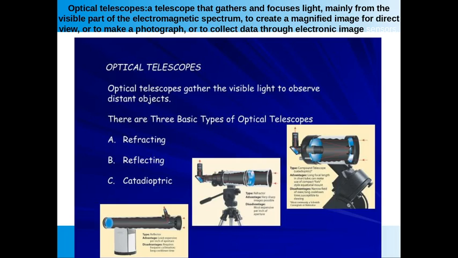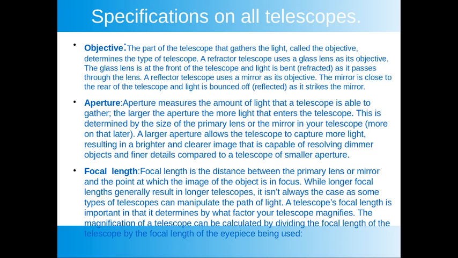In refracting telescopes, lenses are used. In reflecting telescopes, mirrors are used. Catadioptric telescopes are compound telescopes in which both mirrors and lenses are used. This is a little more complicated one. We can discuss more about refracting and reflecting telescopes.